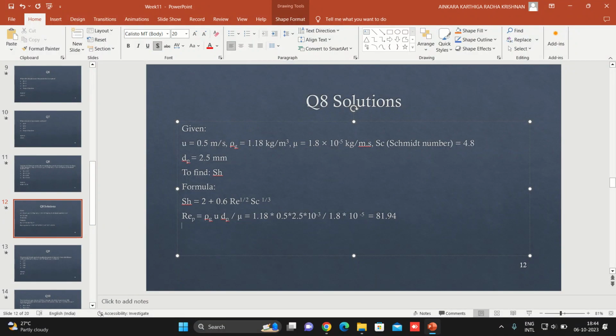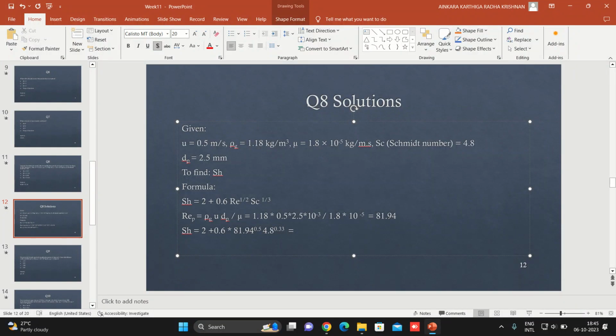Now we substitute in this given formula. Sherwood number is equal to 2 plus 0.6 into 81.94 power 0.5 into 4.8 power 0.33.